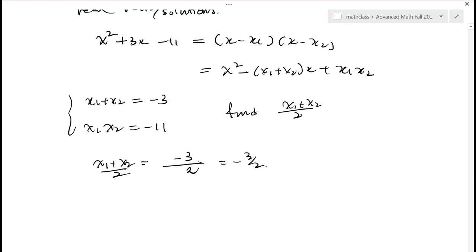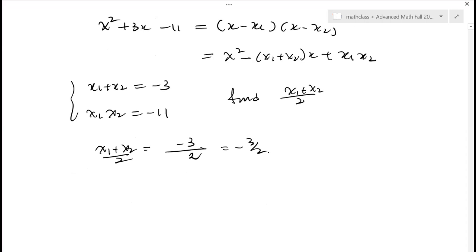Okay, so you get the average value immediately. Do you need to find the roots? The answer is no.